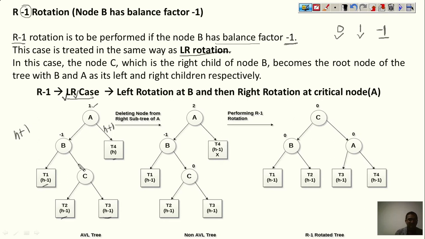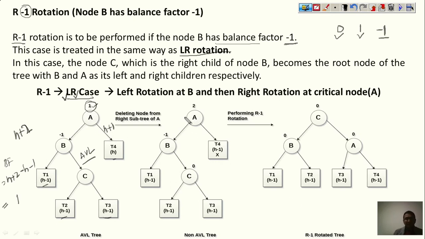The maximum path is actually this one, not this one. So this is h minus 1, and when you add h minus 1 plus 3, this becomes h plus 2. So I find the balancing factor as h plus 2 minus h minus 1, which gives you plus 1. So here you can see this is AVL, because the balancing factor has a difference of maximum 1.